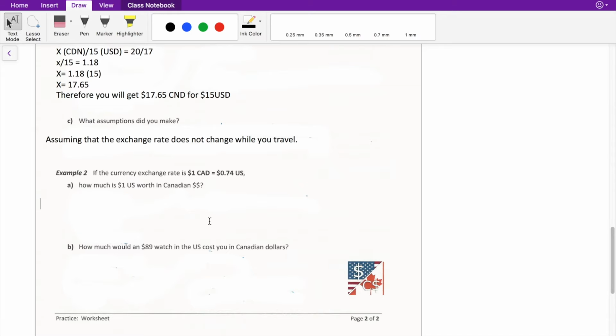Let's put our unknown on top. The unknown is going to be the Canadian dollars. And if it helps you to write out what your unknown is, right now I'm writing unknown's Canadian, and it's going to be over 1 USD. If you want to write this every time, it'd be perfect.